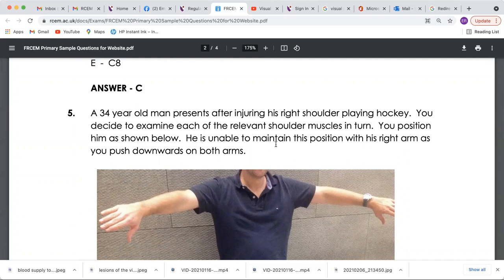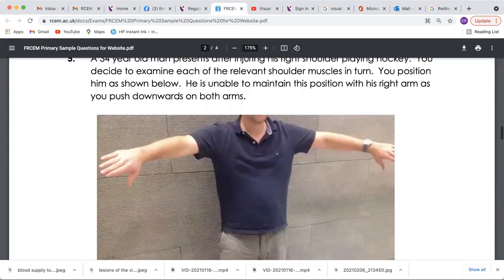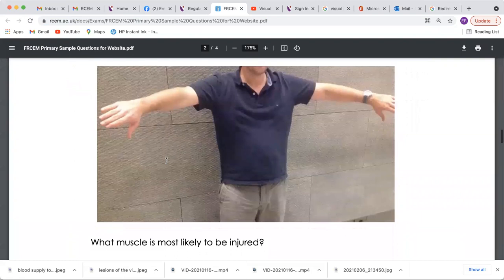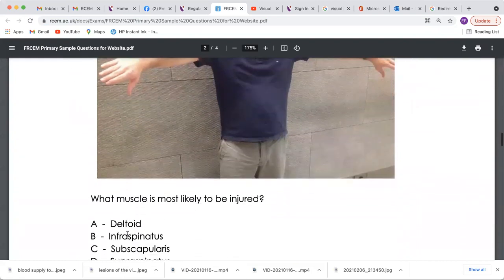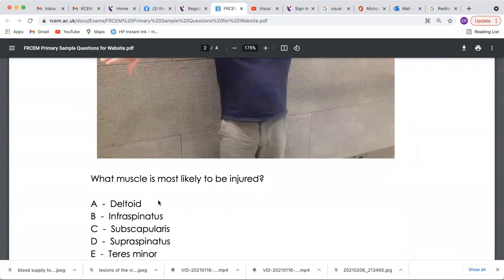He's unable to maintain this position with his right arm as you push downwards on both arms. This is a very interesting question. The question is, what muscle is most likely to be injured?